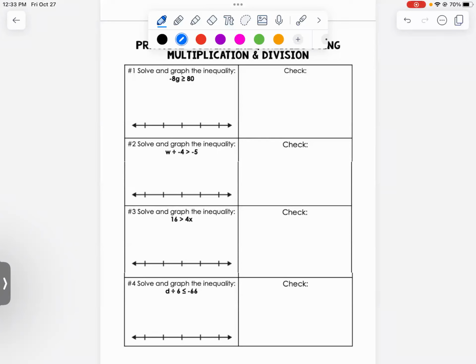So yeah, g is less than or equal to negative 10. You did that right. Only when you multiply or divide by a negative are you gonna flip that sign. Okay, did you divide by a negative number? And that means the inequality sign has to flip.